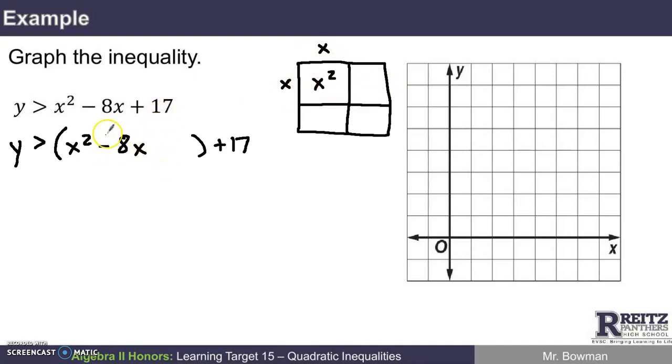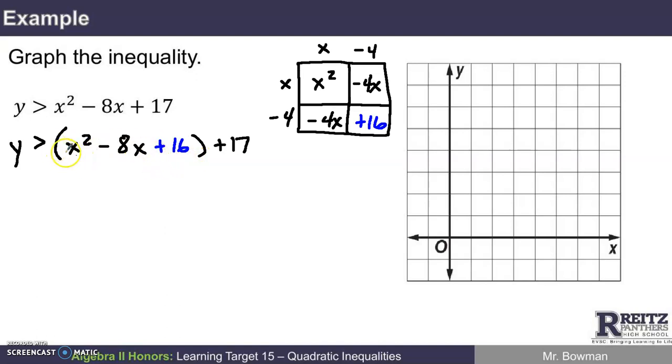Since I'm making a square, I need to split my negative 8x evenly to negative 4x and negative 4x, which makes these negative 4s. And those negative 4s should tell me what the number is that completes the square here. It's 16. So that's the number I need to add in here.